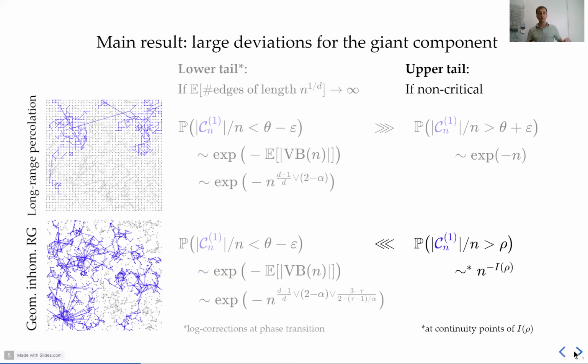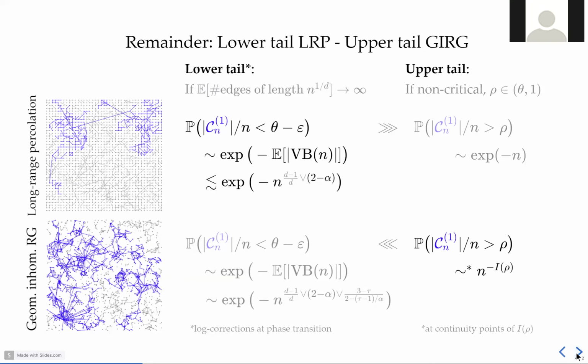So it will tend to infinity as rho tends to 1. And we find the exact formula for this in terms of the generating function of the cluster size distribution. We'll see it at the end. Thank you.